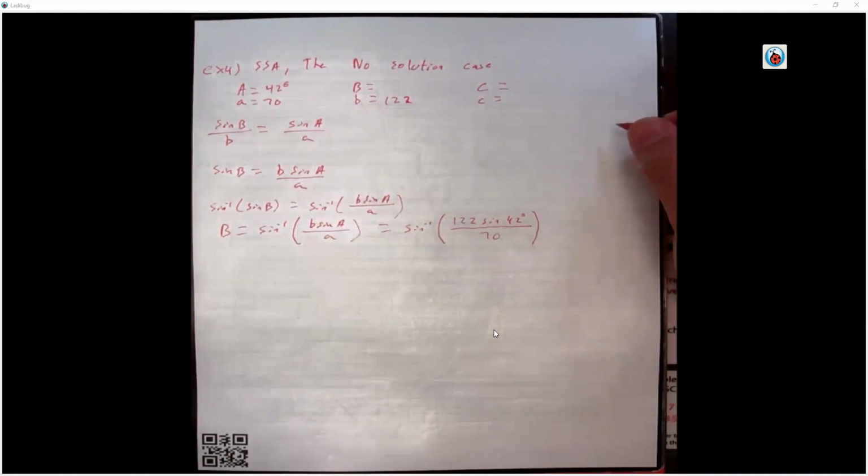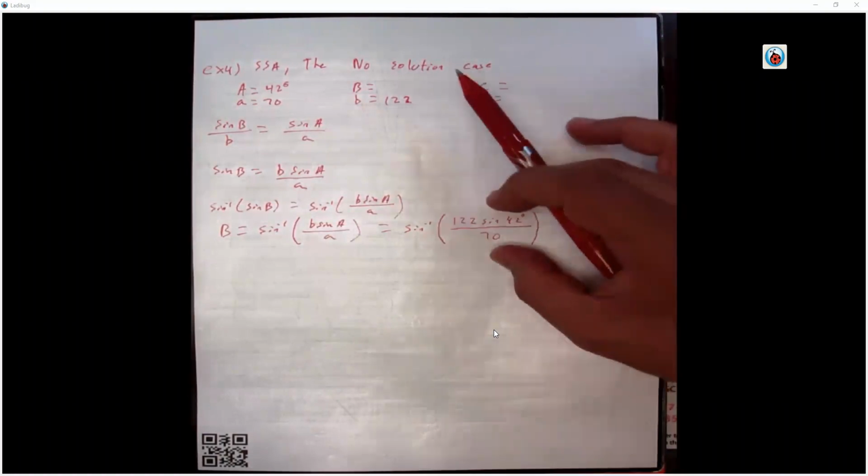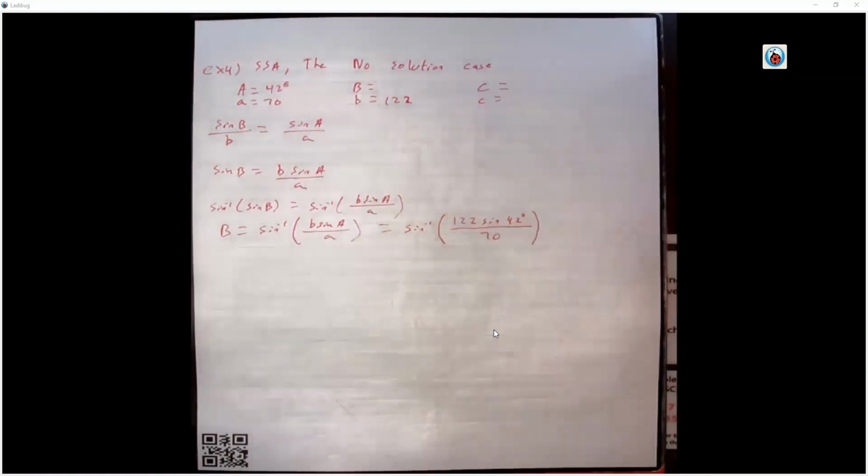You're going to get an error because the input is larger than 1. It cannot be larger than 1 because the domain for sine inverse is between 1 and -1. You need the 122 and 70. Yeah, it's too big.